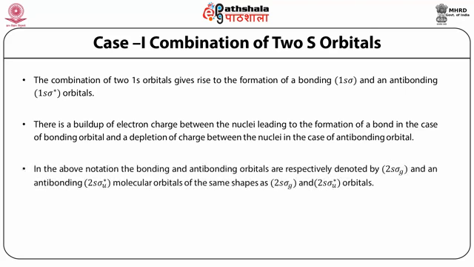In the above notation, the bonding and anti-bonding orbitals are respectively denoted by 2s sigma g and anti-bonding 2s sigma u star, molecular orbitals of the same shapes as the 1s sigma g and 1s sigma u star orbitals.